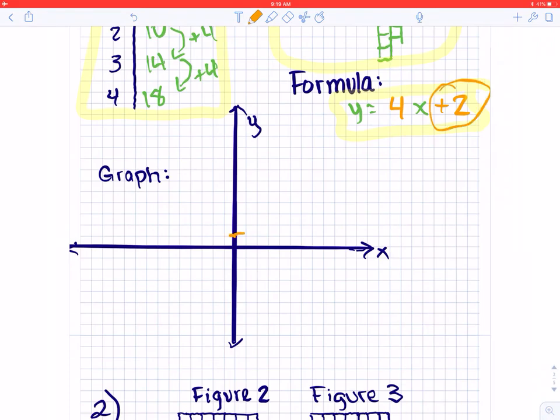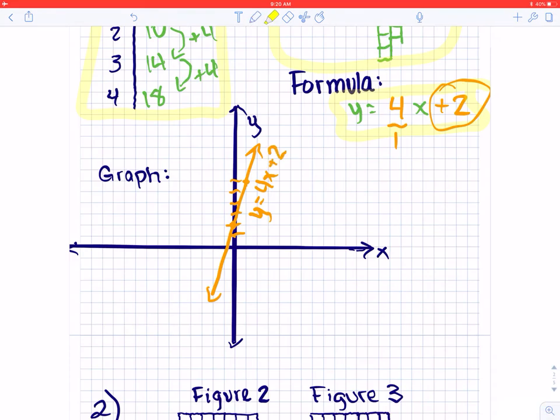We need to rise 2. That's where our first point goes. Our slope is 4/1, so we're going to climb 4. Run 1, that's where our second point goes. We need a ruler. And I'm going to label my line: y equals 4x plus 2.